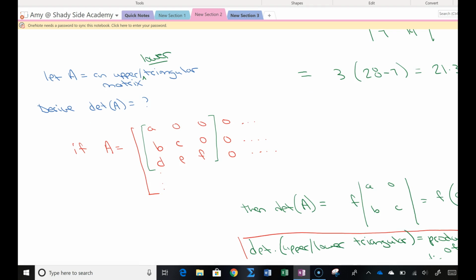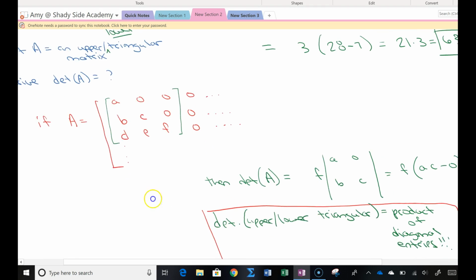Okay, here's the proof. If I just did a lower triangular matrix, let A equal this lower triangular matrix, and the dot, dot, dot just means this pattern could go on forever as long as the matrix is square. Of course, that's redundant to say because an upper or lower triangular matrix is always square. But for the purpose of this proof, I chose the 3 by 3 here in green.